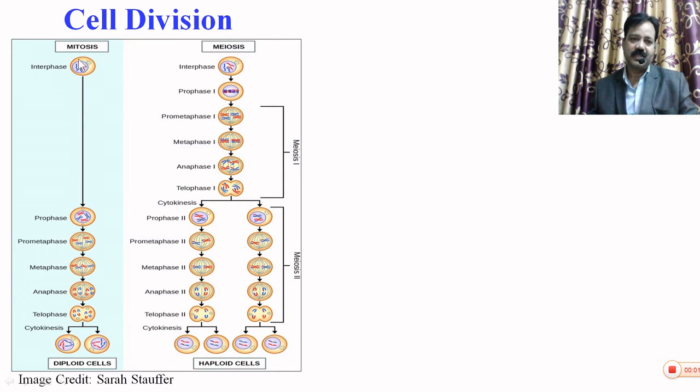In vegetative cell division, the division takes place in the somatic cell. That cell division is called mitosis. And reproductive cell division takes place in the gametic or reproductive cells, and this one is called meiosis. Today we are going to concentrate on mitosis.